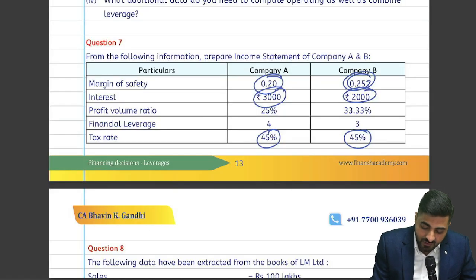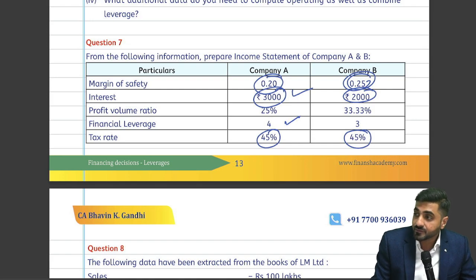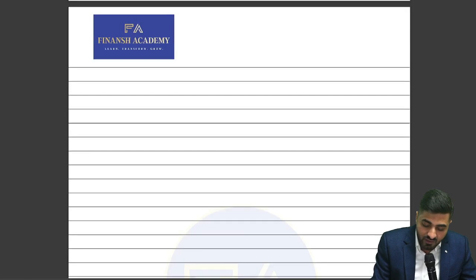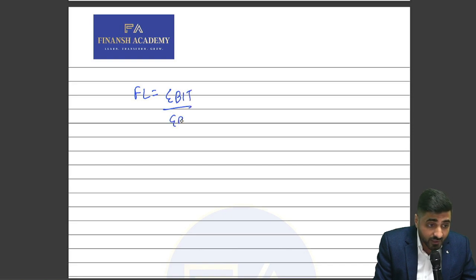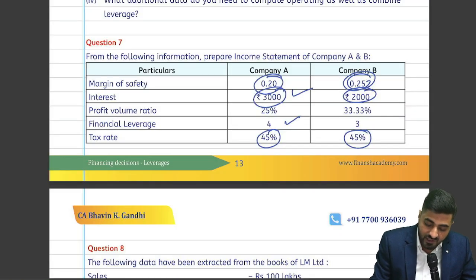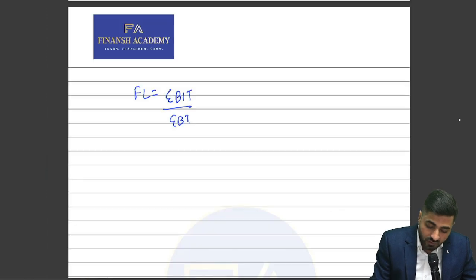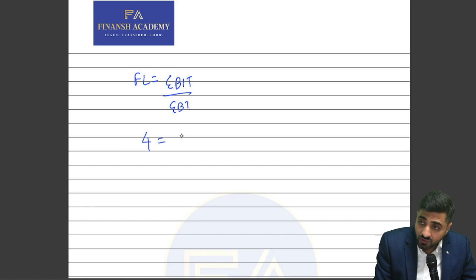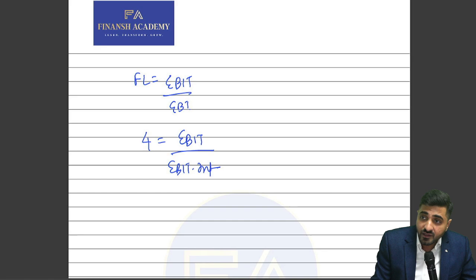Now please tell me, you have interest available, come on, yes or no? Yes, sir. And you also have FL available. Everyone in one voice give me the formula for FL. The FL is 4 is equal to, can I write down EBIT upon EBIT minus interest?